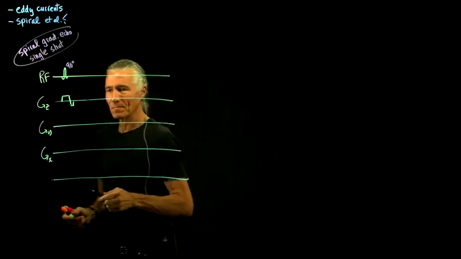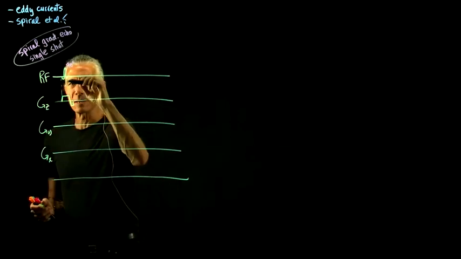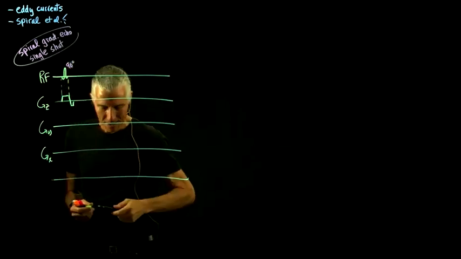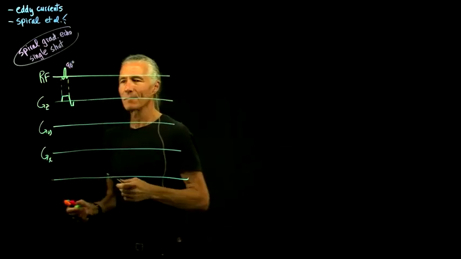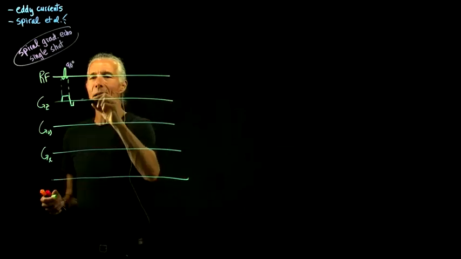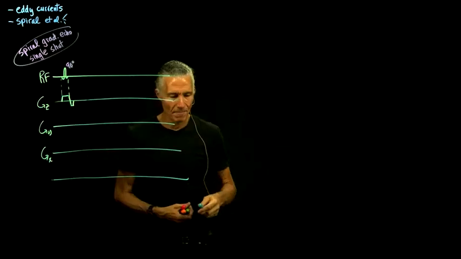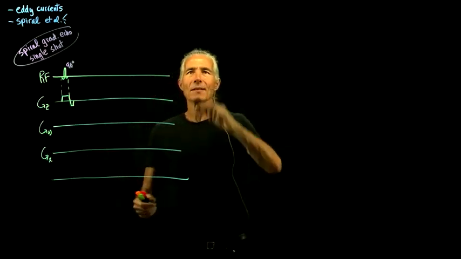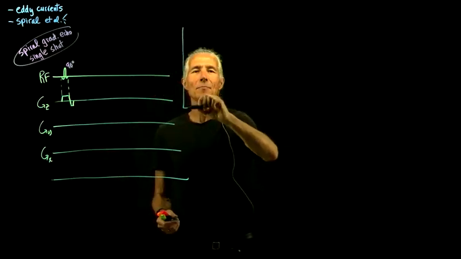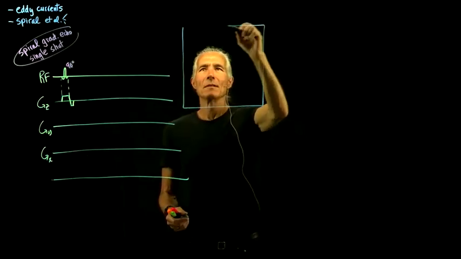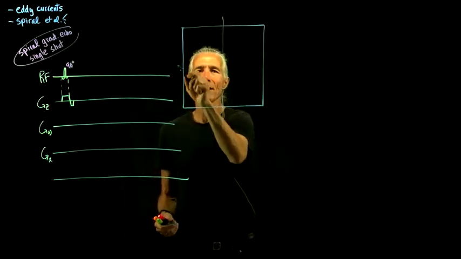So there we've selected a slice, and then we turn on the gradients. What does that look like in k-space? If we start right at the middle, we don't have to go anywhere.